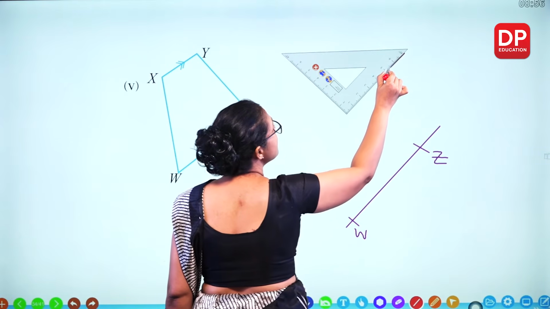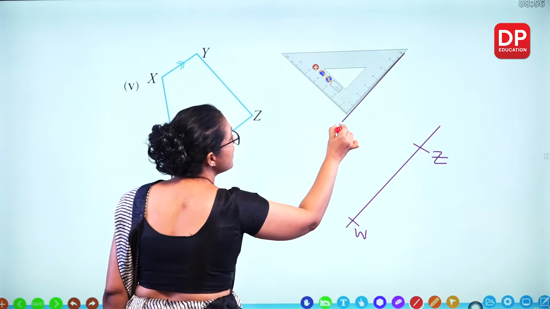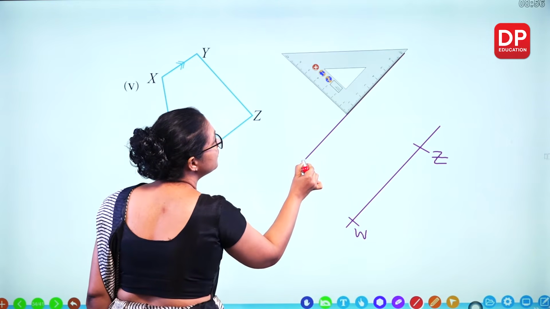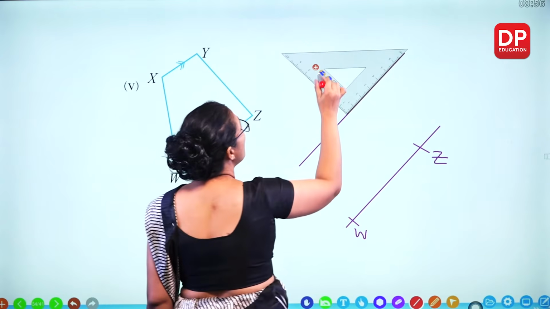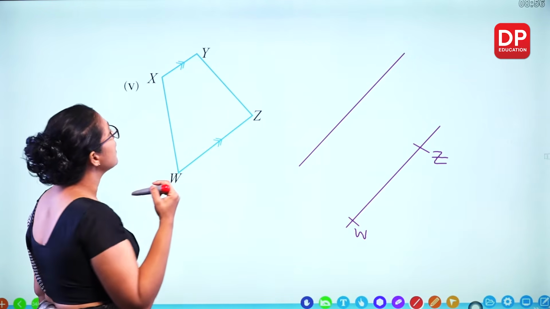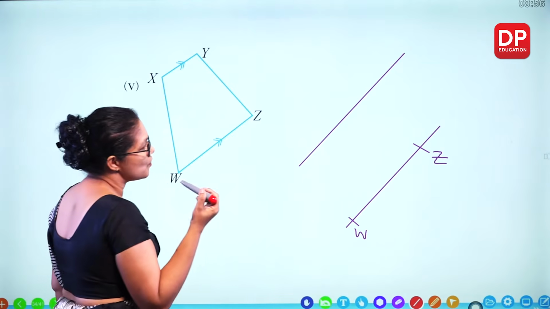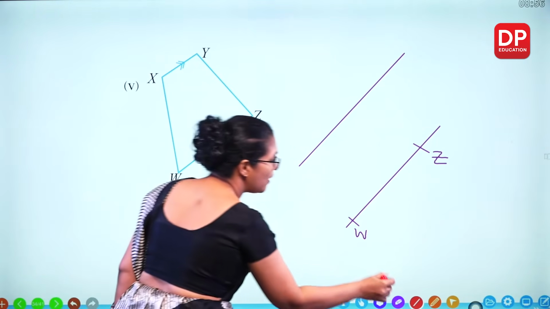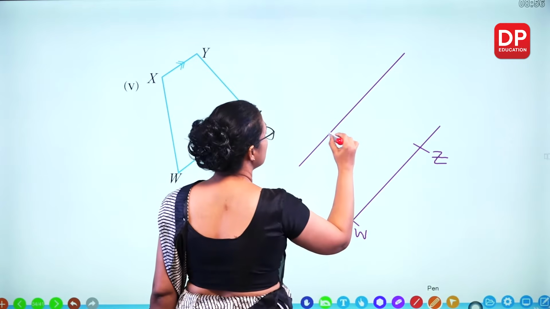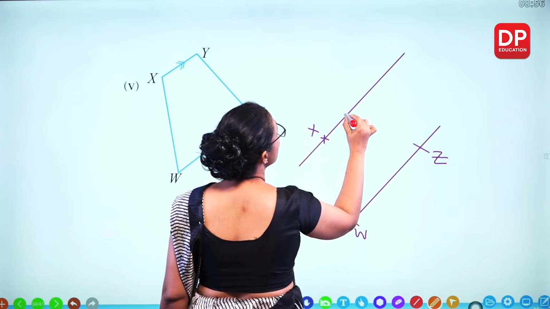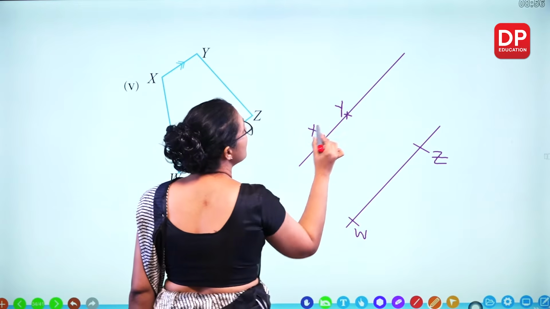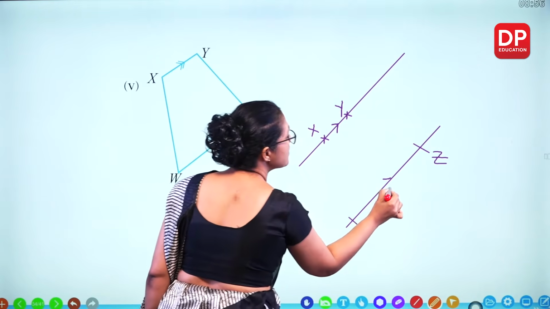So I have the facility to draw the parallel lines. You have to keep your ruler. Now I can mark any 2 points X, Y. So this distance is smaller. I'll take this point as X and this point as Y. Only thing I know, these two lines are parallel.